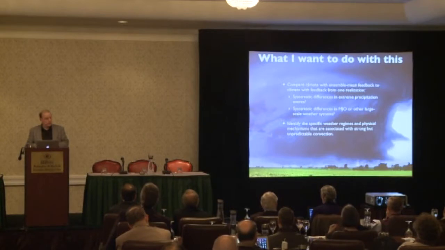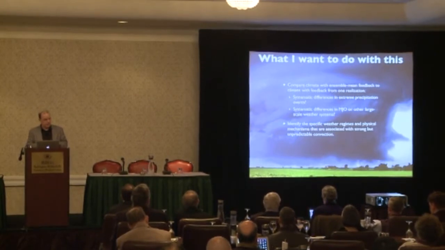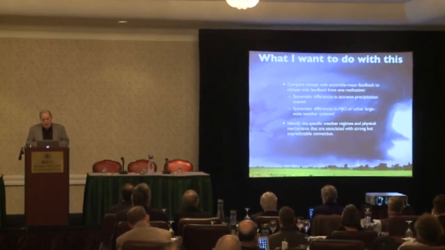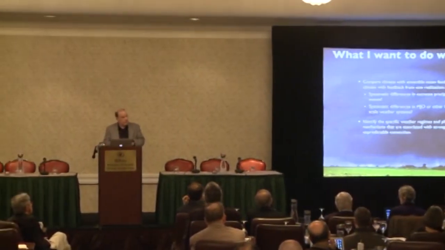So what I want to do with this can be boiled down to these two things. First of all, of course, we want to see if the climate is different between ensemble mean feedback, like what I just showed you, and feedback from a single realization, which is the standard SPCAM. Two things that you can think of that might be different are extreme precipitation events. This will almost certainly be different, right?